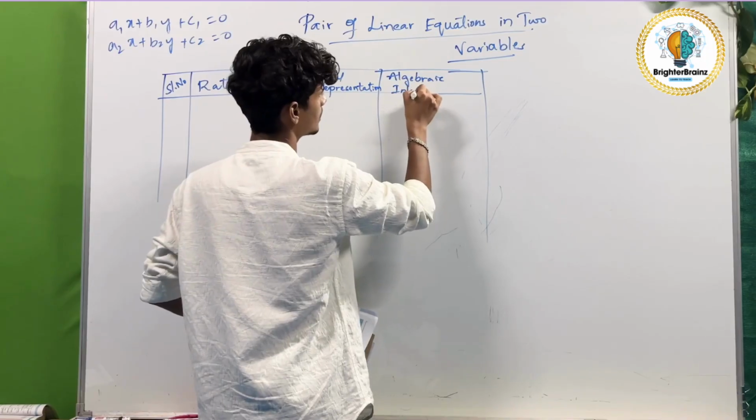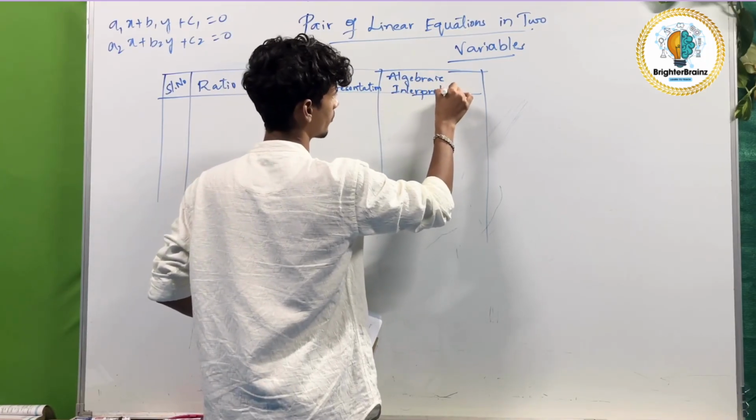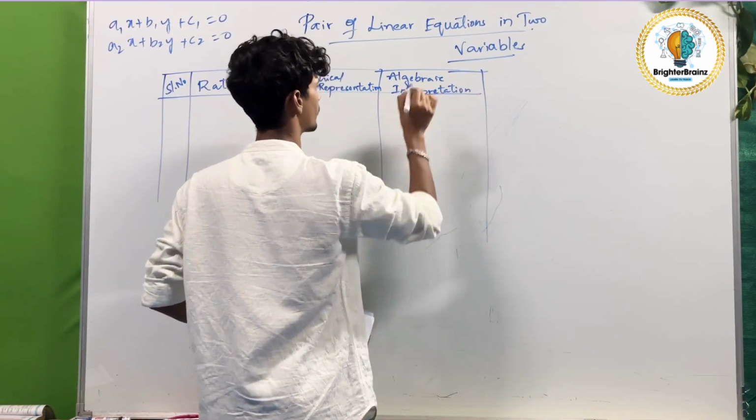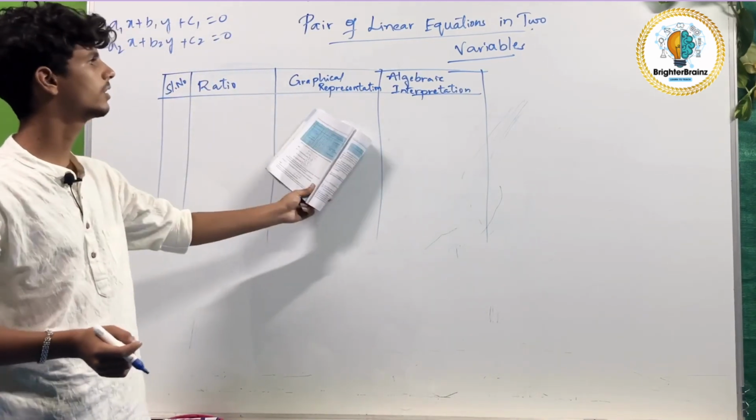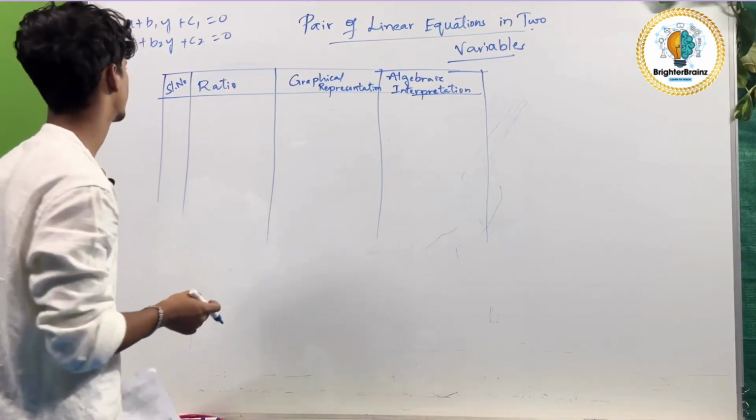Okay, so make 4 columns: one is serial number, one is ratio, then graphical representation, and algebraic representation.